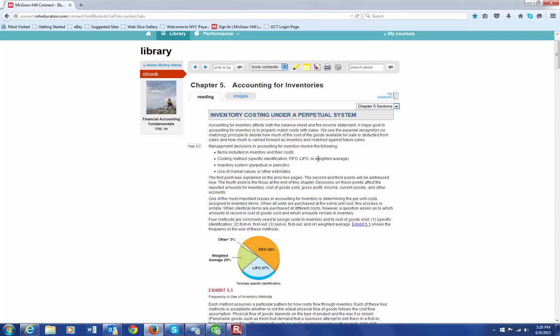We're going to talk about 4 different methods. They're listed here, and we're going to get into more detail in a second. And what is the inventory system you're using? Is it perpetual or periodic? We're going to explain that in a minute as well. And then there's another thing called the use of market values. We'll talk about that too. That gets even more complicated, and we won't get into it too much in this particular class.